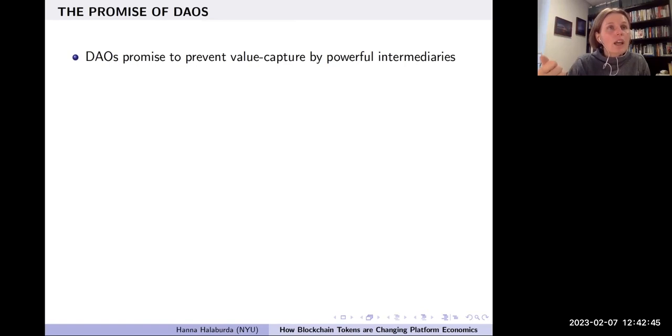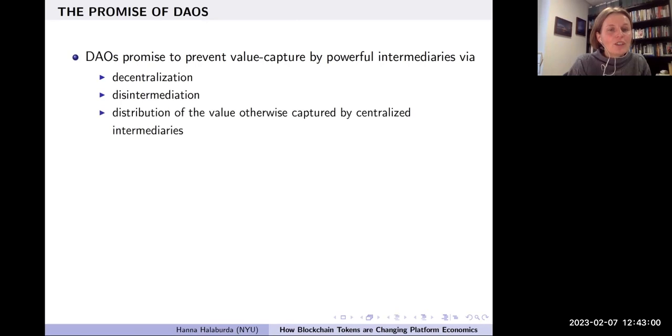They will not have the incentive to extract the value, and that is going to prevent this value capture. Okay. And as with other blockchain technologies, this is done by decentralization, disintermediation, and distribution of value otherwise captured by centralized intermediaries.